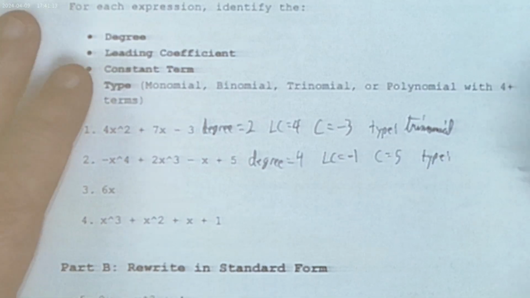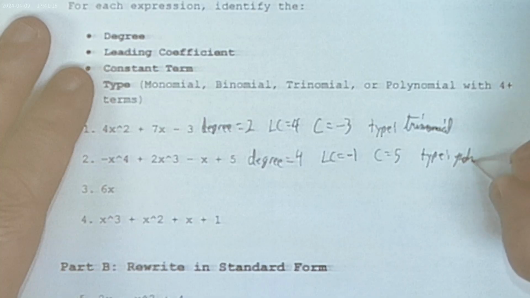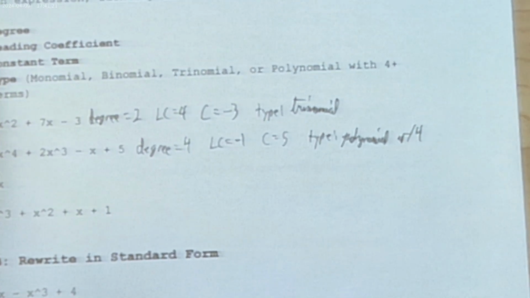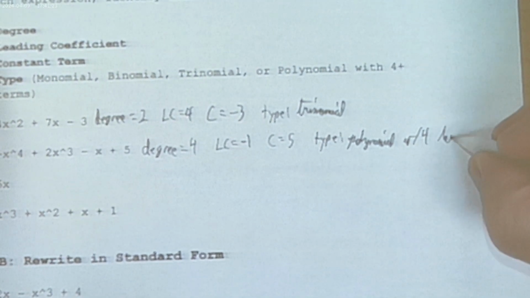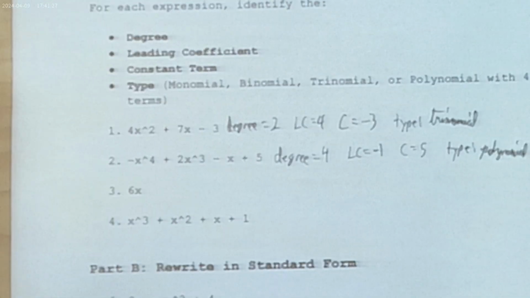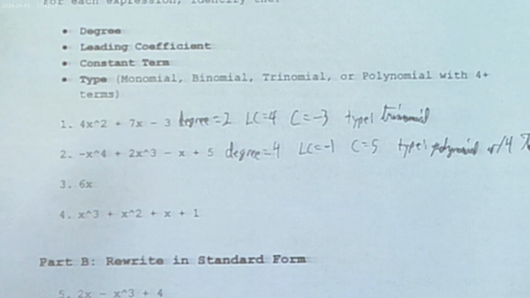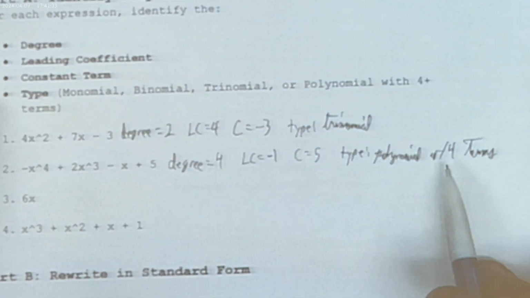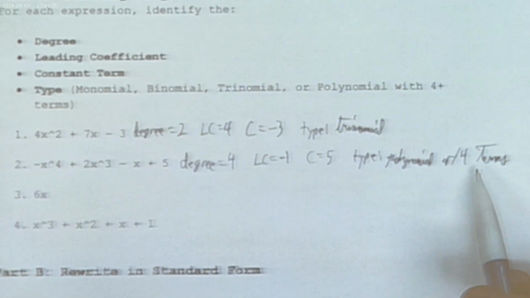So in this case, we have a polynomial with 4 terms. If we had 5 terms or 6 terms, we would just change the number and move on.